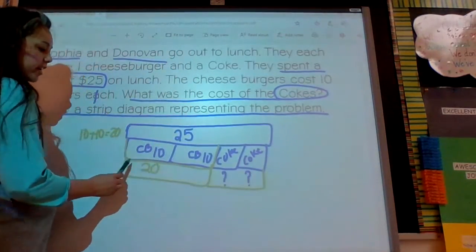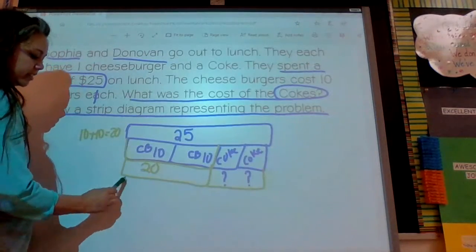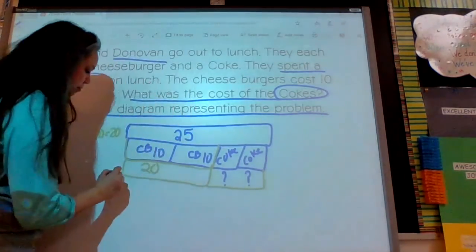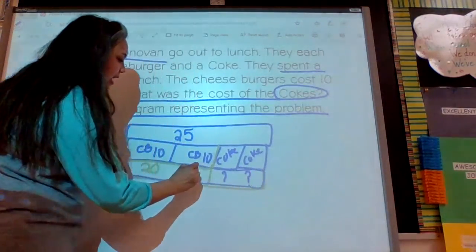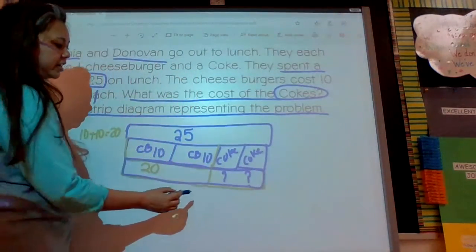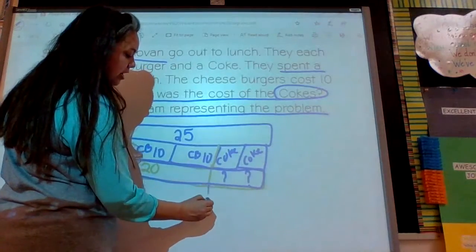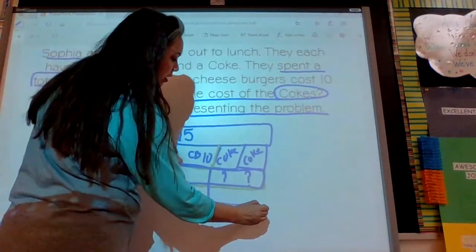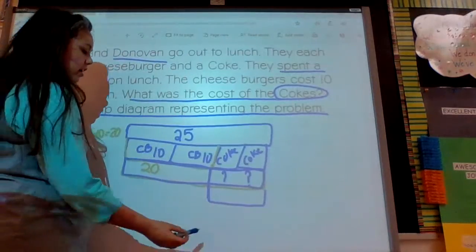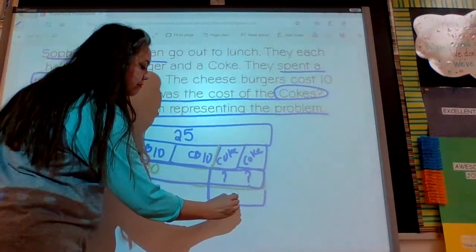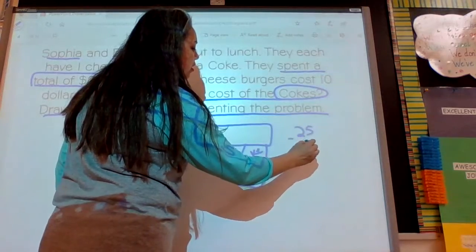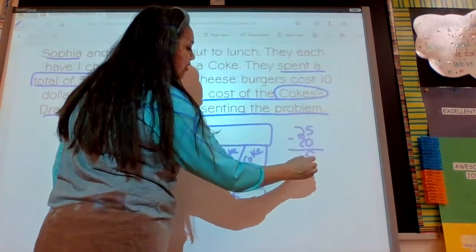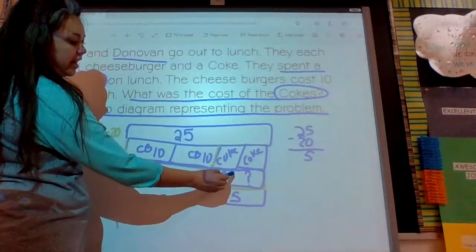If this entire piece, which I'm going to highlight in blue so you see it, has to add up to 25, then I know that these 2 pieces right here have to be 5, because 25 minus the 20 for the burgers, I have $5 left.